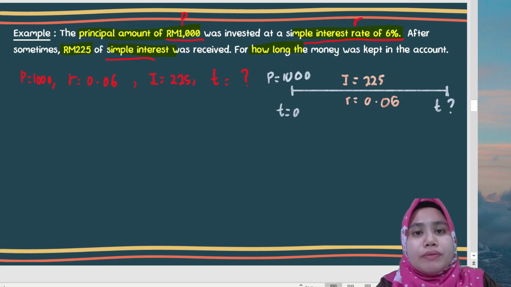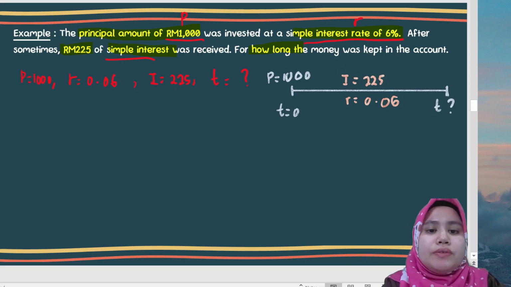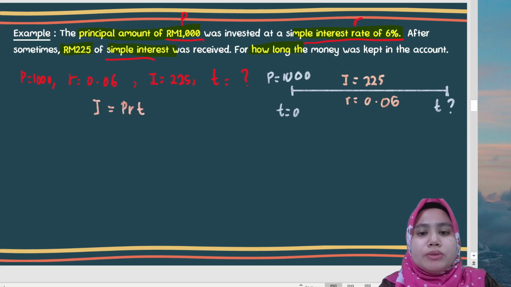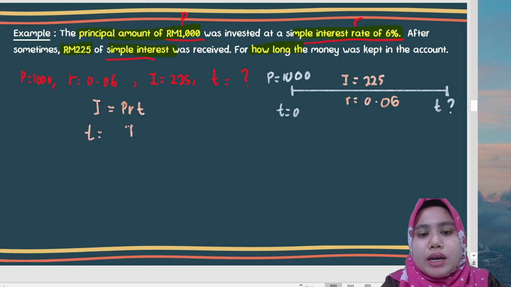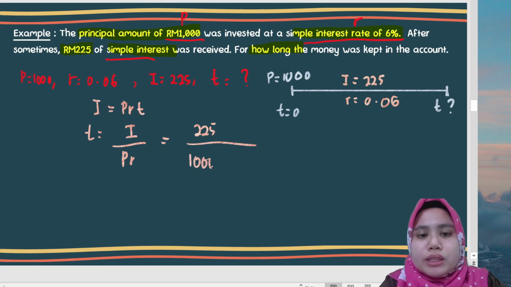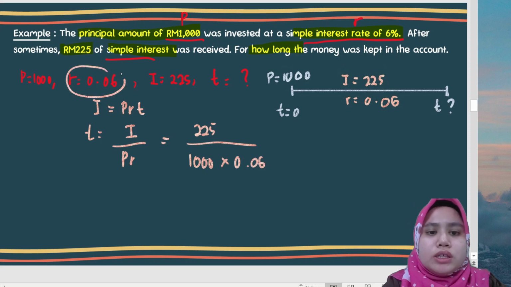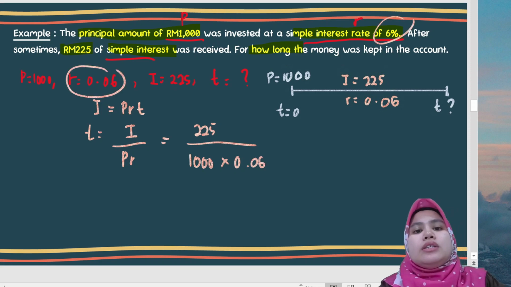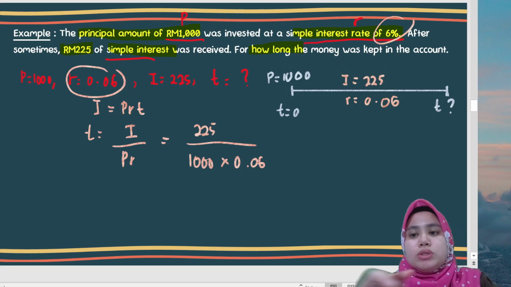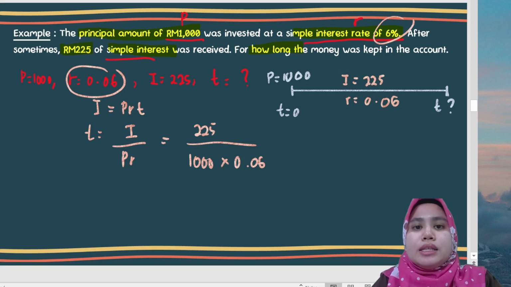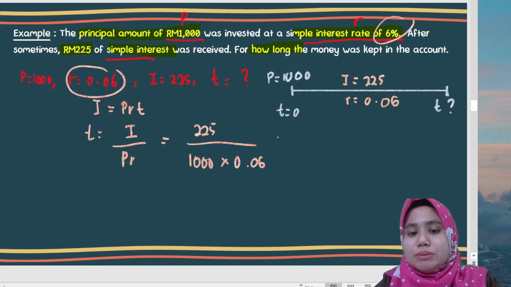When you understand the formula well, you can understand the sentence of the question well, and it will not be a problem anymore. I equals PRT. We want to find T, so T equals I divided by PR. Let's substitute the values. 1,000 multiplied by 0.06. You see here I already changed straight away from percent to decimal, by dividing by 100, two decimal places.